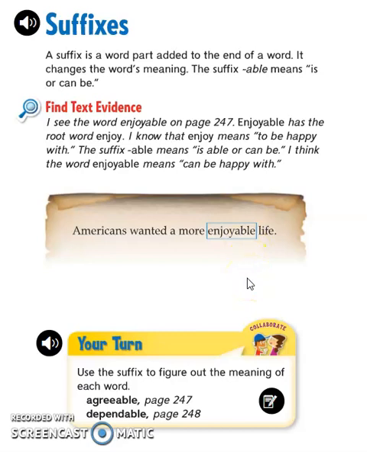So if you had C-A-B-L-E, that is the root word. That is not a suffix. In your test this week, it is talking about if you can find the word that has a suffix on it. So yes, able is a suffix, but if one of the choices was cable, no, that would not be a suffix. That's just how you normally spell it.